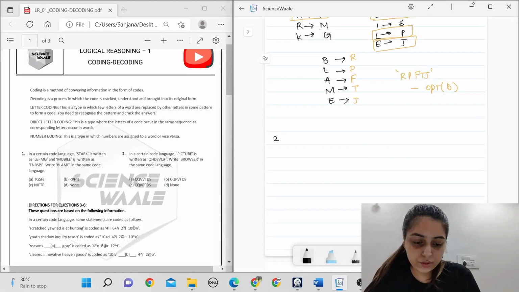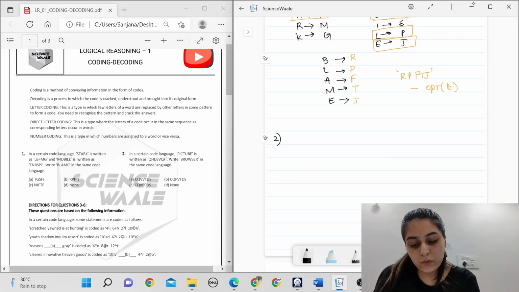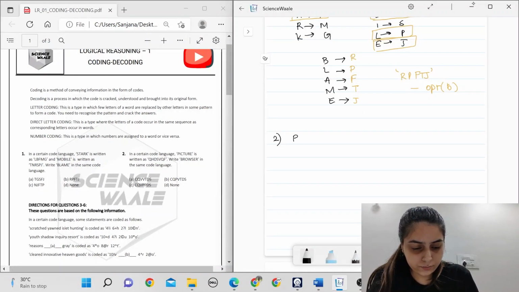Coming to the second question, in a certain code language, picture is written as QHDSVQF, and we need to write browser in the same code language. So again, they have given us picture, PICTURE.